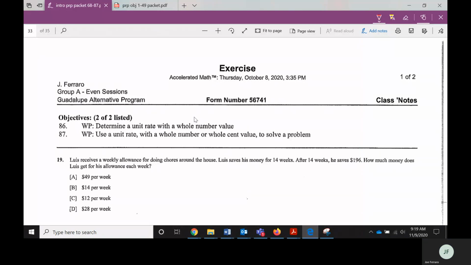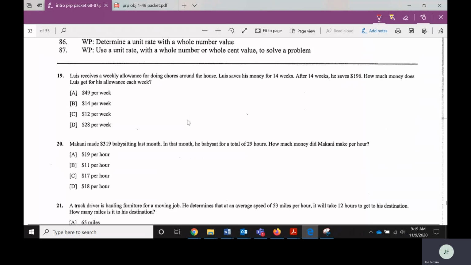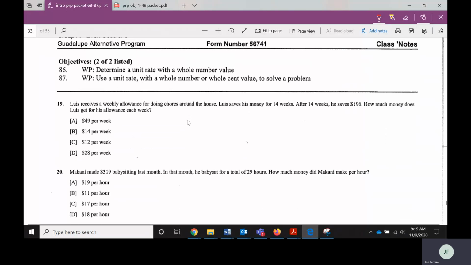This will be pretty quick, and then the test for this will be a smaller one, just a 10-question test. I think all we need to do is 4 problems, so we won't even get off this first page. Let's get those, and then we'll talk about what to practice.